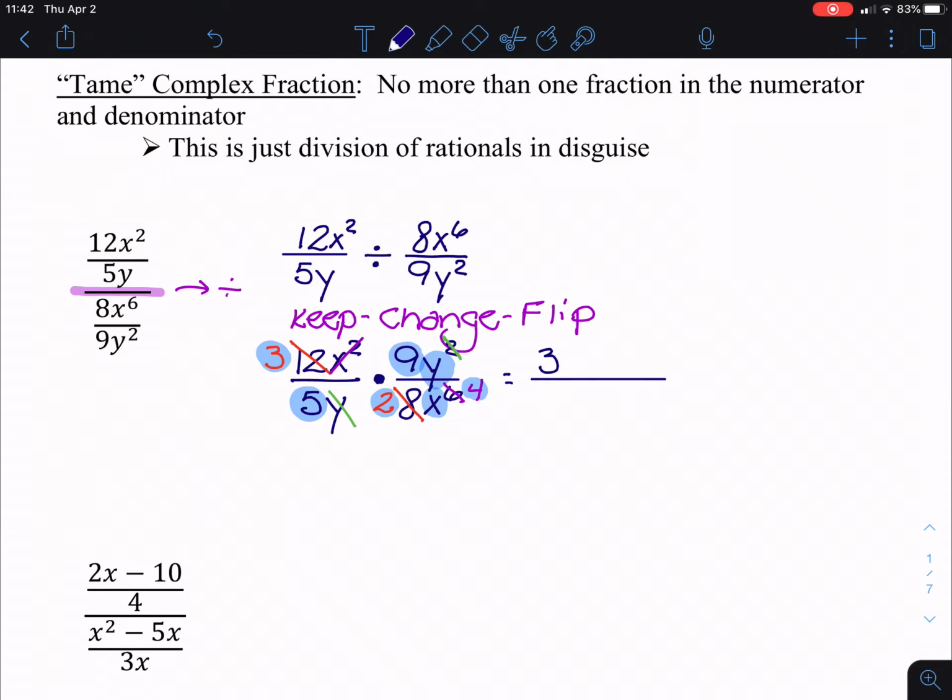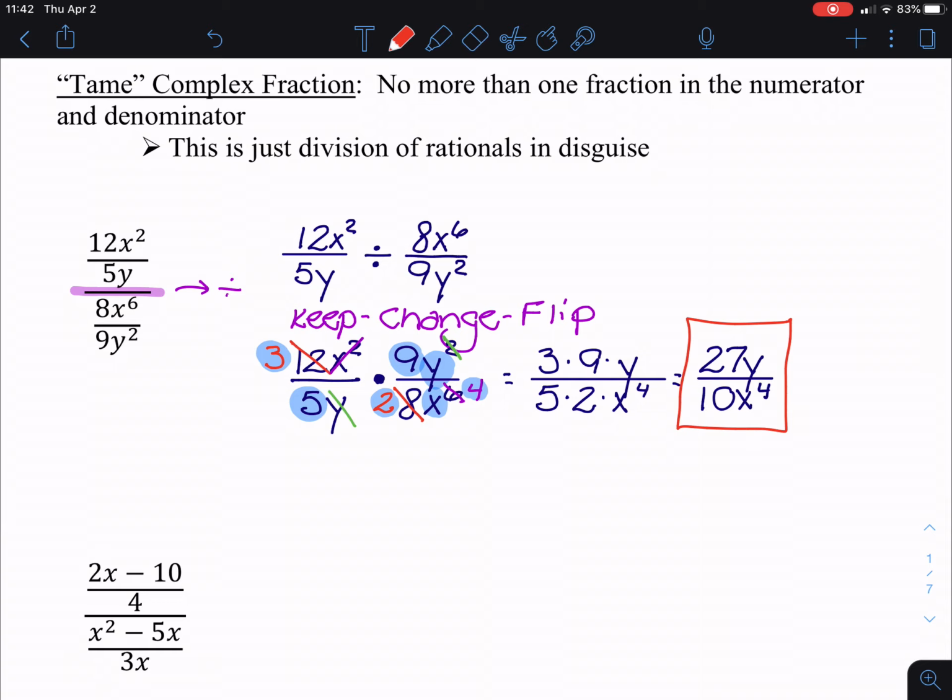So 3 times 9 times y over 5 times 2 times x to the 4th. All right, and that's going to give me 27y over 10x to the 4th. And there is my simplified single rational expression rather than dealing with a complex fraction.